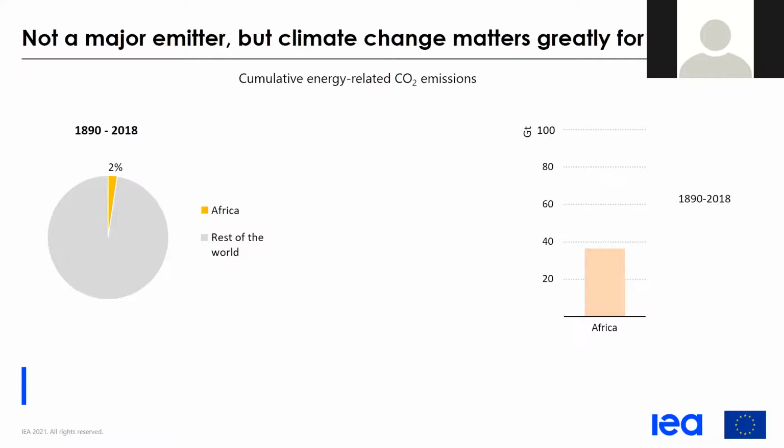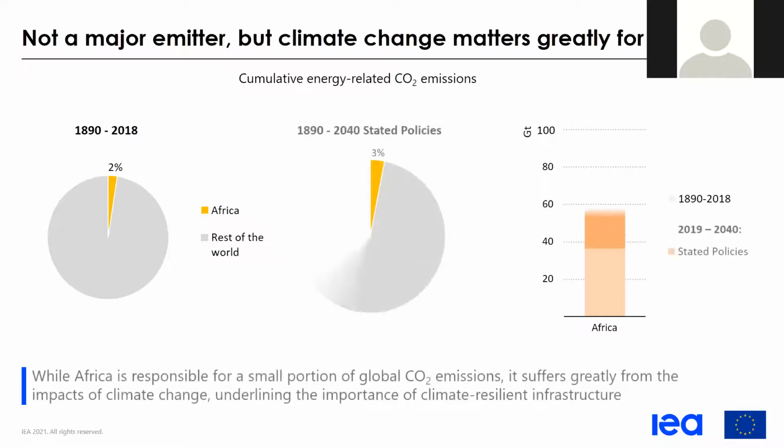And although Africa experiences important economic growth and energy demand growth in the IEA Stated Policies Scenario, its contribution to global CO2 emissions rises just to around 3% of the total cumulative emissions to 2040.